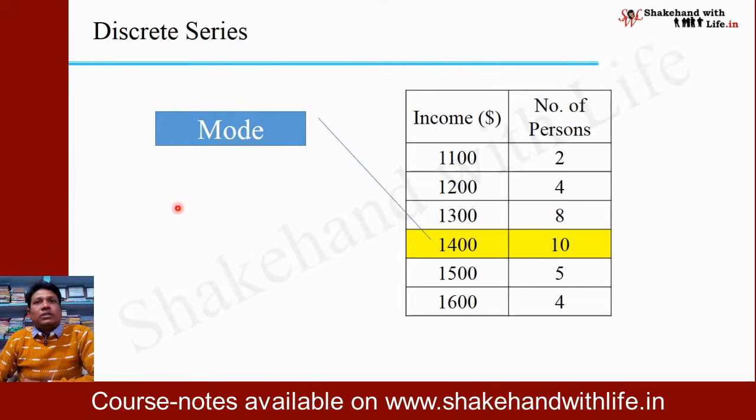Now for a discrete series, the frequencies are given. 1100 earned by 2 persons, 1200 earned by 4 persons, 1300 earned by 8 persons, and 1400 earned by 10 persons, and so on. The greatest frequency is for 1400, therefore the mode is 1400. This is the way you can calculate the mode for a discrete data series.